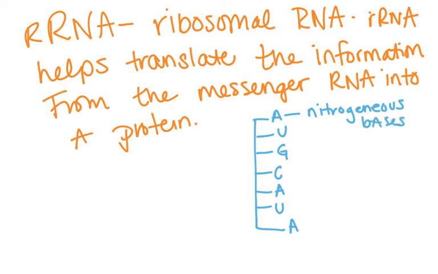And you're still going to have that alternating sugar and phosphate group, except now the sugar is ribose instead of deoxyribose because it's RNA. So here's our sugar, so ribose, and here's our phosphate.